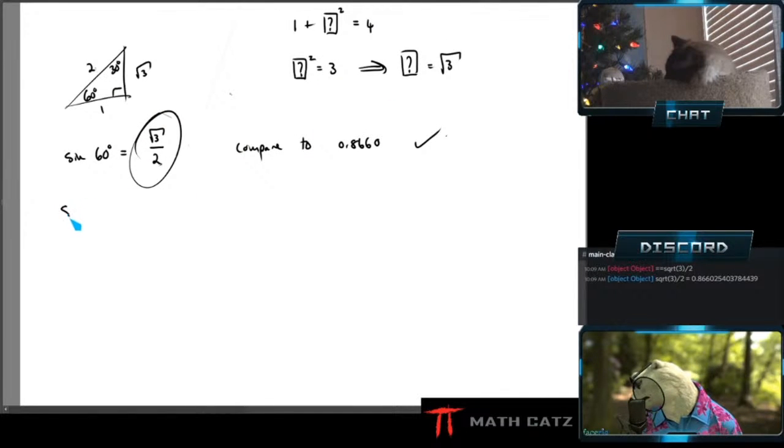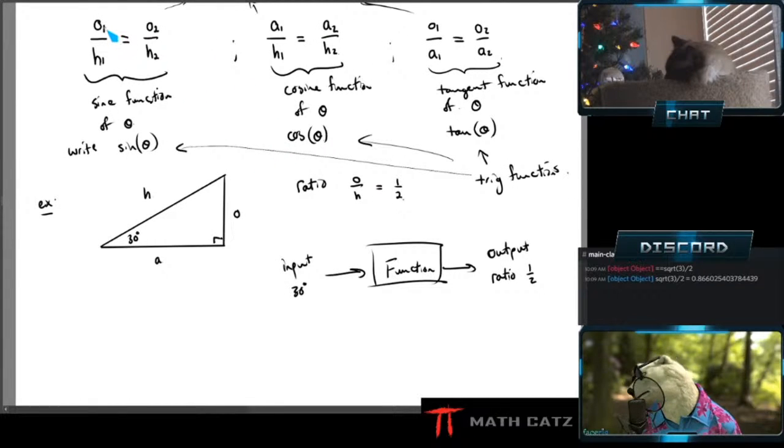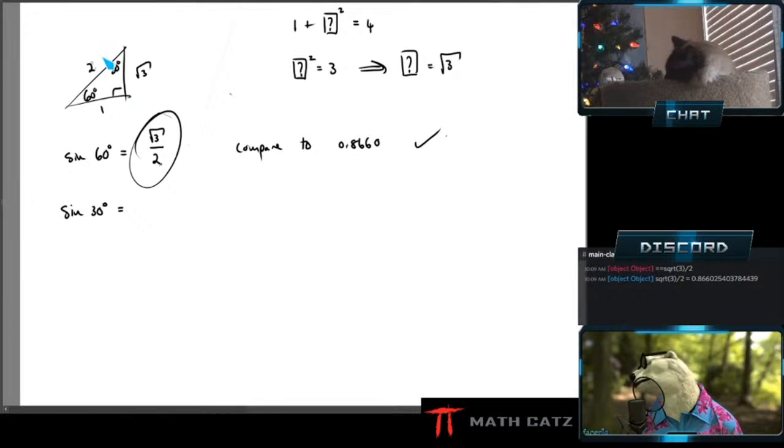Okay. I can also do sine of 30 degrees. So here's where I just want to be careful if you're not used to this. The sine function always takes the ratio opposite over hypotenuse. The hypotenuse doesn't change. What is opposite changes depending on the angle I look at. For 60 degrees, opposite was the square root of 3 side. But for 30 degrees, opposite is the 1 side.